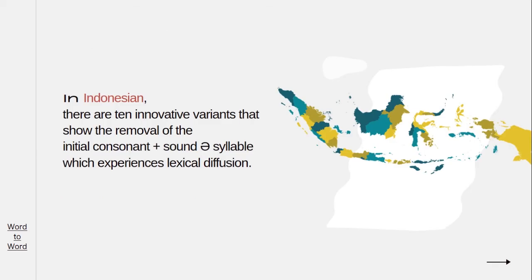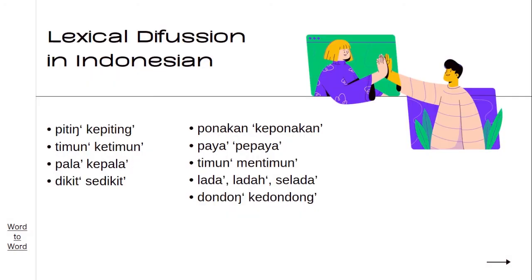In Indonesian, there are 10 innovative parts that show the removal of the initial consonant plus a syllable, which experiences lexical diffusion. There are ponakan from keponakan, paya from papaya, timun and mentimun, and others.